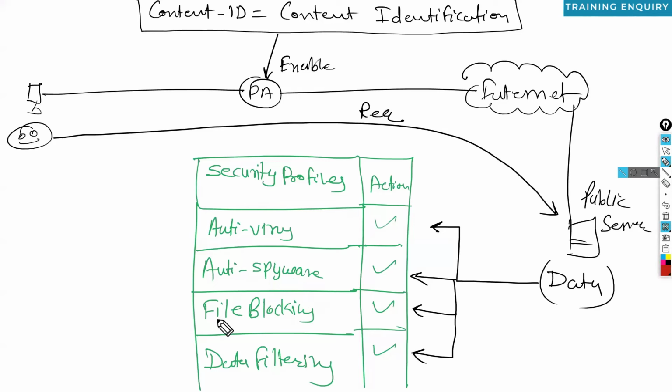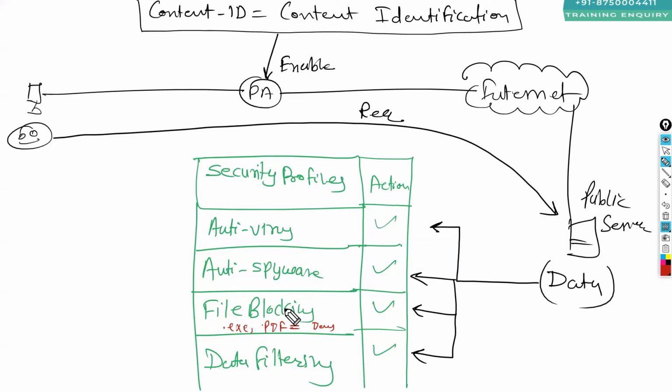In file blocking, we can define if any exe file or any PDF file is coming through or going through, if that file is being uploaded or downloaded by firewall or through firewall from your inside user, so what we can do, we can deny that. So antivirus will protect us from virus, anti-spyware will protect us from spyware.